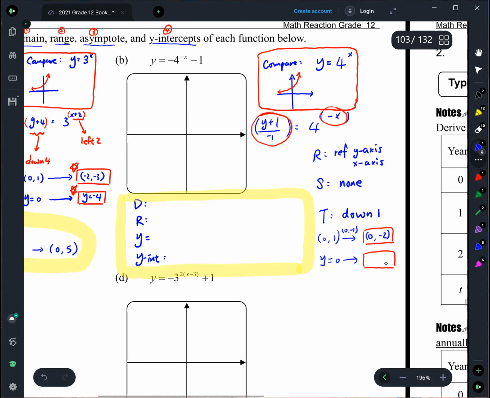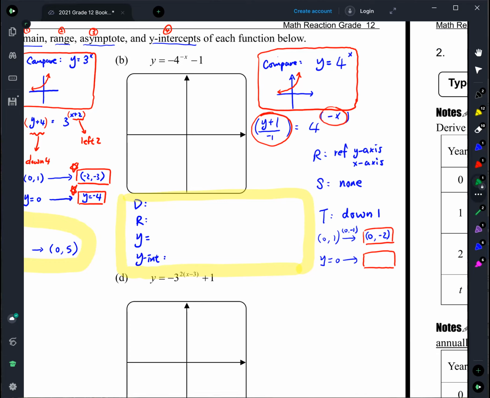Right, y-intercept means x has to be 0. Okay, so we don't use any numbers to put it in. For asymptotes, you think about the stories, the RST. Which one of the RST affects the asymptote, the y equal to 0?